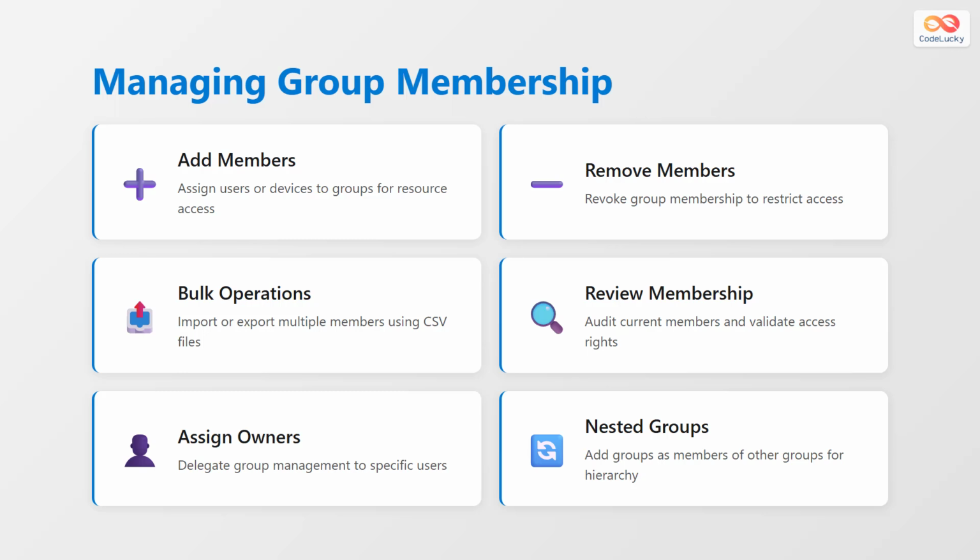You can review membership to audit current members and validate that access rights are appropriate. Assigning owners delegates group management responsibilities to specific users who can then manage the group independently. Finally, you can create nested groups by adding groups as members of other groups, creating a hierarchical structure for more complex access control scenarios.